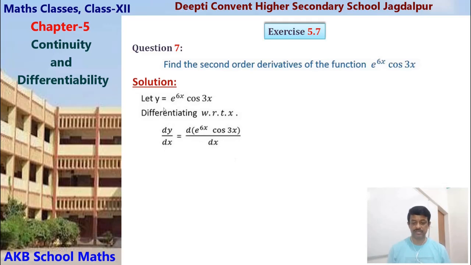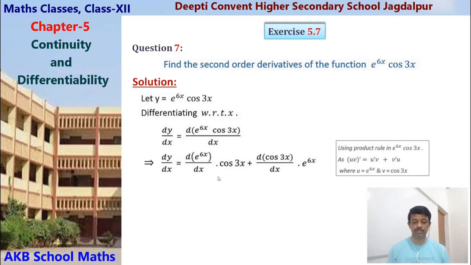dy by dx on left hand side, dy dx of this. Here is a product of two functions, so we have to use the formula (uv)' = u'v + v'u, where u means e to the power 6x, v means cos 3x. Now first u' means d by dx of e to the power 6x, then v means cos 3x, plus d of cos 3x by dx times e to the power 6x.